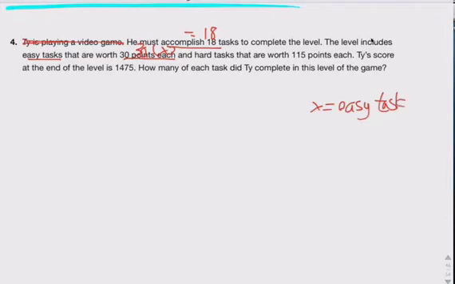Okay, and means plus. Hard tasks are worth 15 points, so 115 points each.